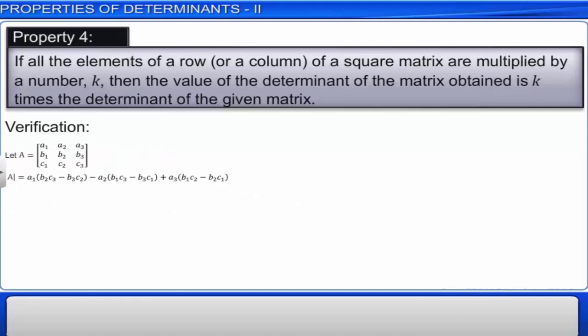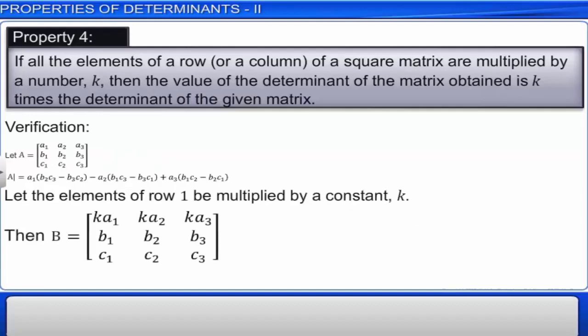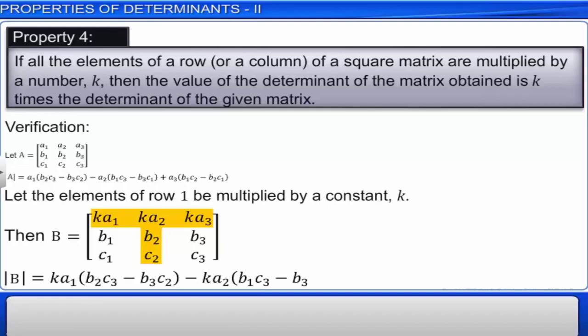Now, let B be the matrix obtained by multiplying each element of the first row by a constant k. Expanding B along the first row, we get k into A1 times of (B2 C3 minus B3 C2) minus k into A2 times of (B1 C3 minus B3 C1) plus k into A3 times of (B1 C2 minus B2 C1).